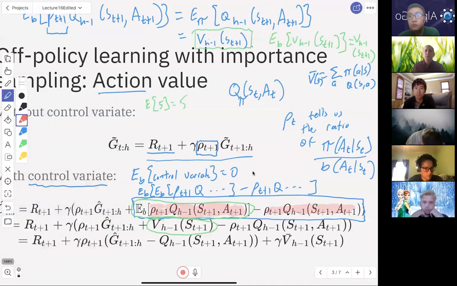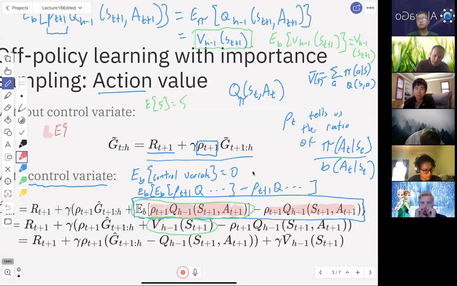If we take an expectation of some random variable r and subtract it from r, what's the expected value of that?